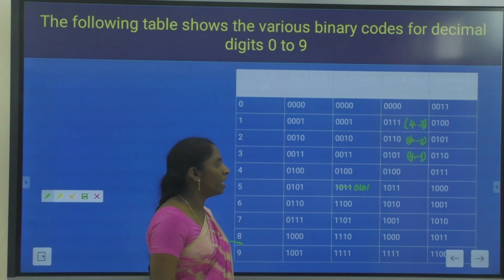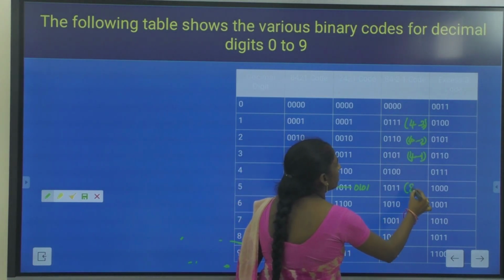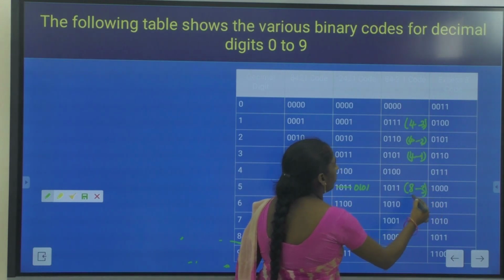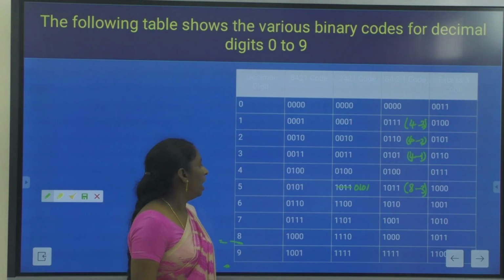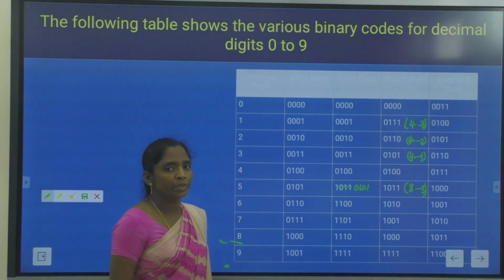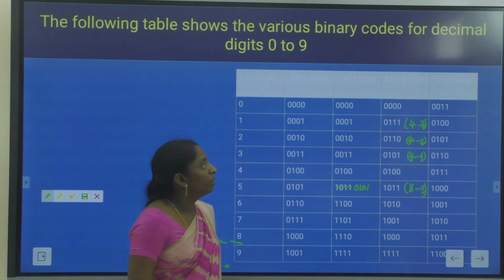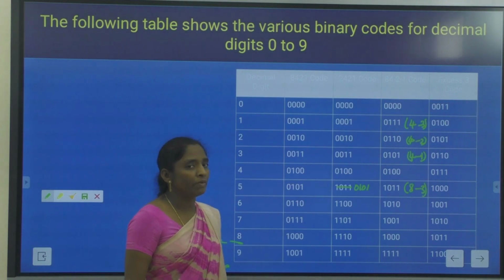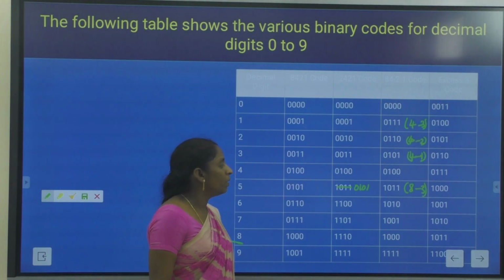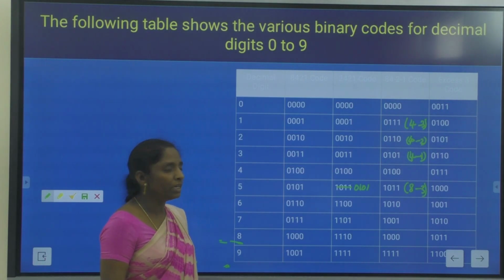To represent 5, here 8 minus 3 is 5, so those positions are 1 and the remaining is 0. To represent 6, 8 minus 2, so the 8 position is 1 and the 2 position is 1, remaining are zeros. To represent 7, 8 minus 1, so the 8 position and 1 position are 1 and remaining are zeros.